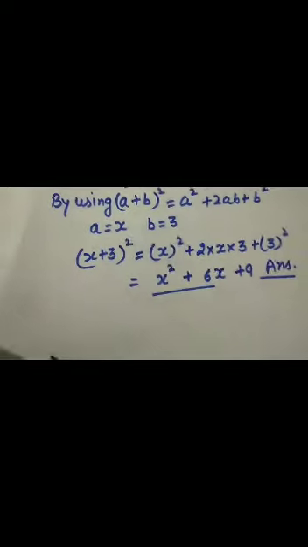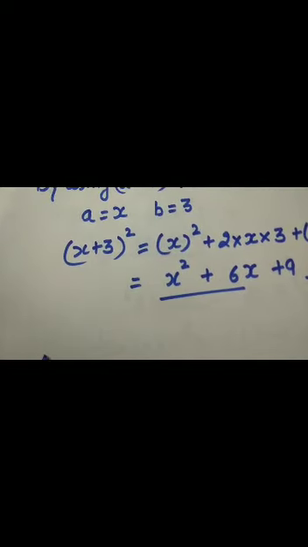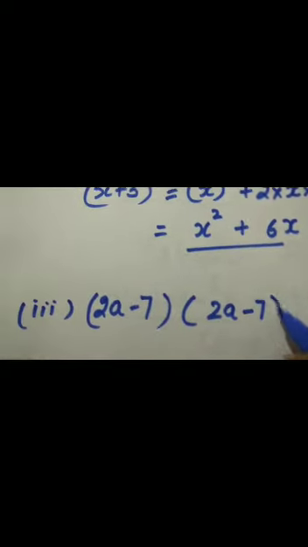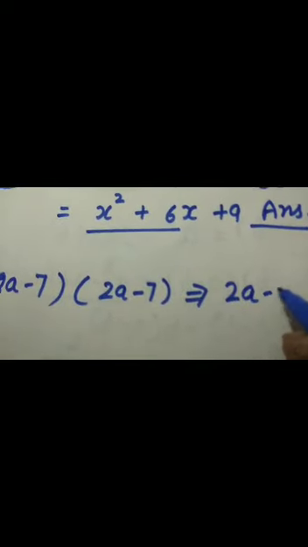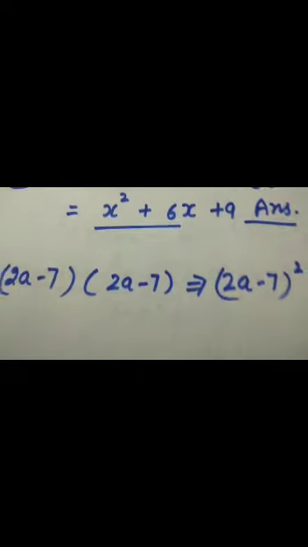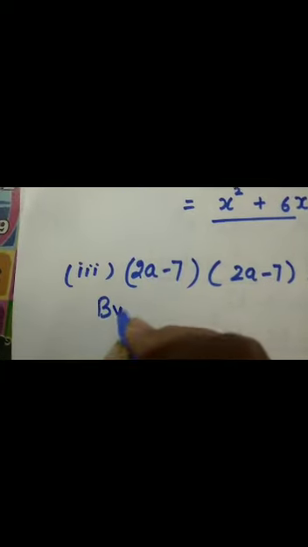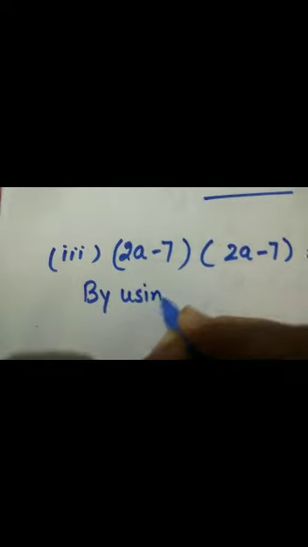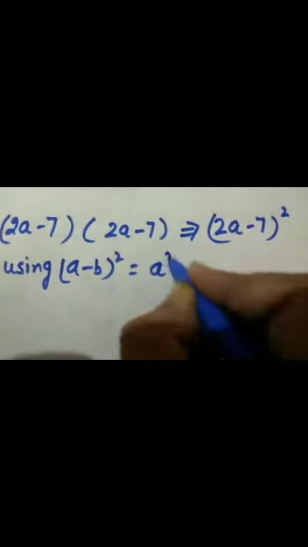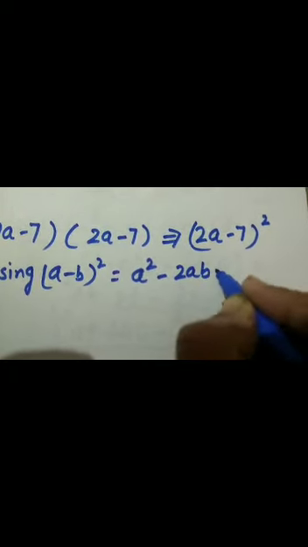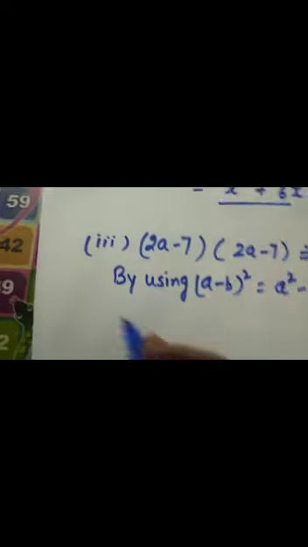Now its third part, that is (2a minus 7) and (2a minus 7). The meaning of this is you have to find out (2a minus 7) whole square. So we'll use here the second identity, (a minus b) whole square is equal to a square minus 2ab plus b square.